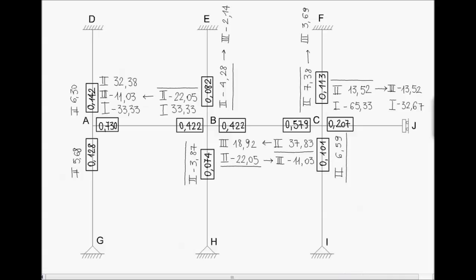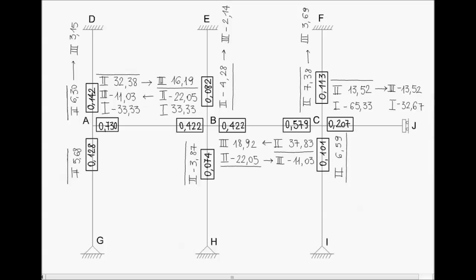Then we consider, also in this case, the third bending moments, considering the carryover factors, obtaining these values. Now, node A is balanced. Well, because of the presence of the third moments equal to 16.19, node B is not balanced anymore.